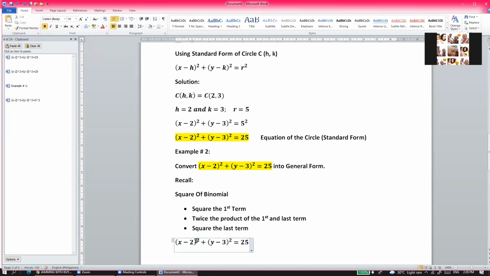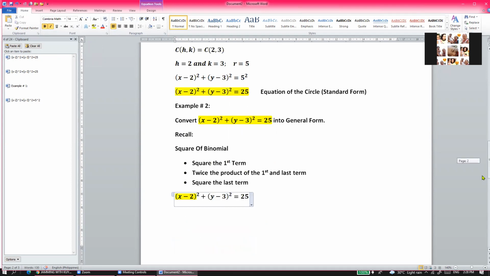Ang concentration muna natin dito. Ito muna: yung square ng x minus 2.